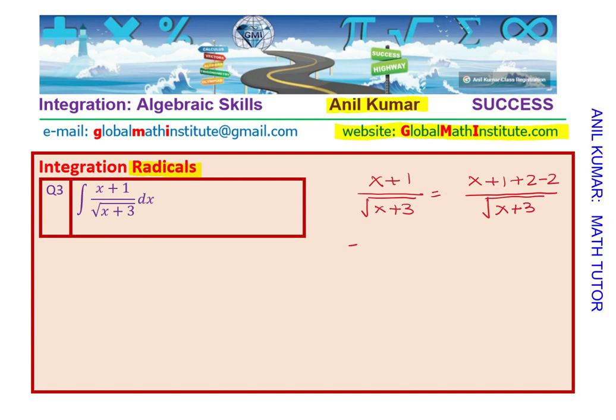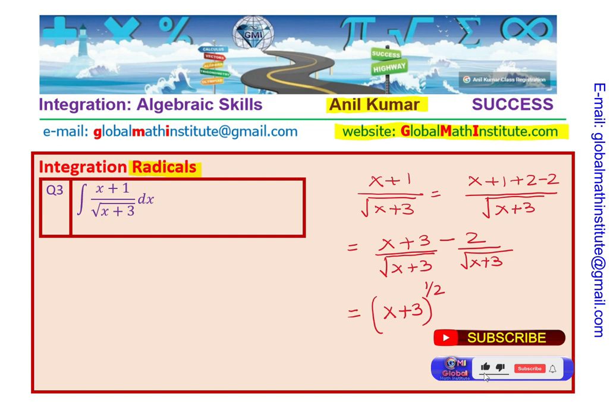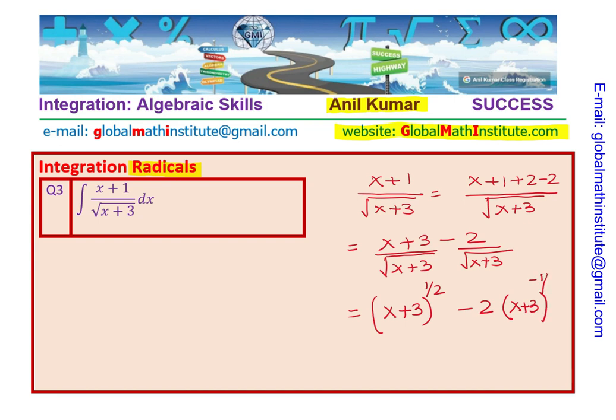So we could rewrite this expression as x plus 3, combining the 1 and 2, minus 2, over the square root of x plus 3, and this also over the square root of x plus 3. So the whole expression can now be written as x plus 3 to the power of 1 minus half, which is half, and here we have 2 times x plus 3 to the power of minus half. Makes sense.